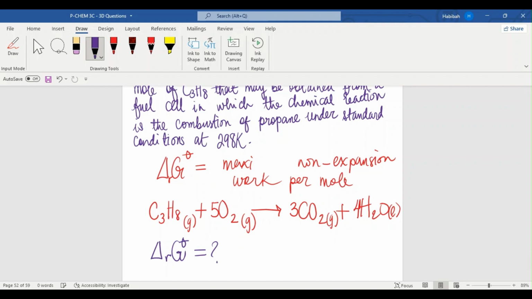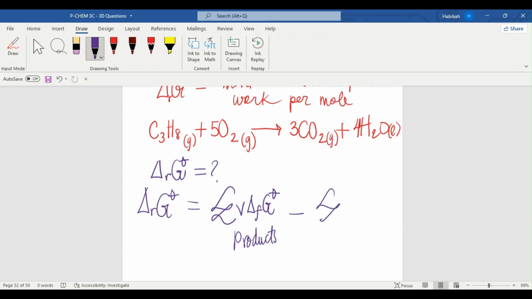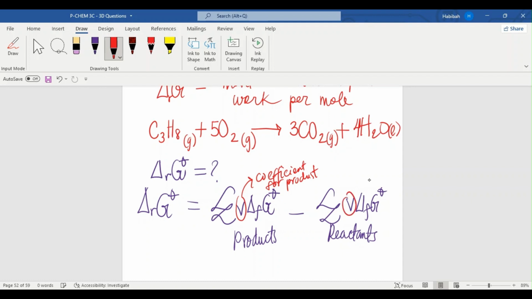For any of you who don't know, the formula for the standard Gibbs energy of reaction is the summation of the Gibbs energy of formation for the products, minus the summation of the Gibbs energy of formation for the reactants, where the value of V on the left is the coefficient for products, and the value of V on the right is the coefficient for reactants.